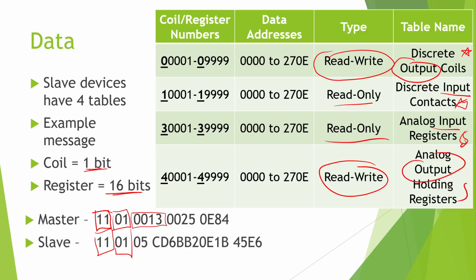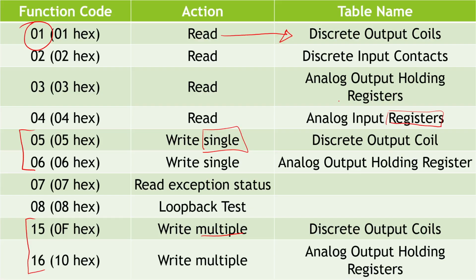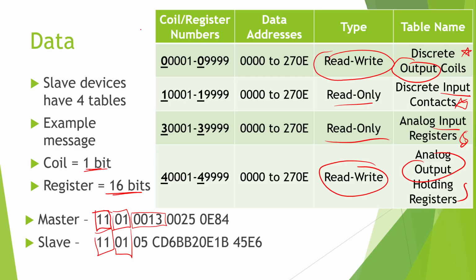On the output coils, this is our coil range from 00001 to 09999. So we've got 9,999 different coils that we can read. Just a few. 13 is saying we're going to start at 13. Now, it's not exactly saying that, right? What is this in?